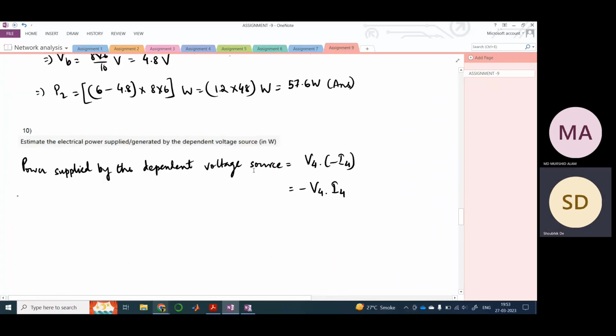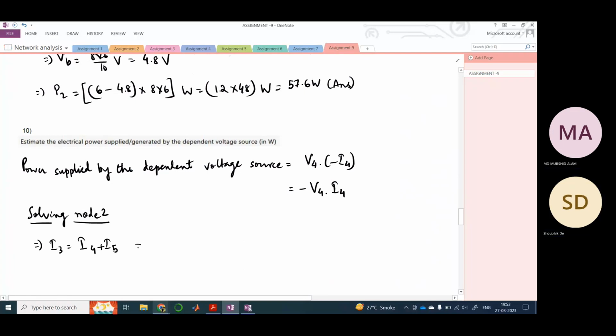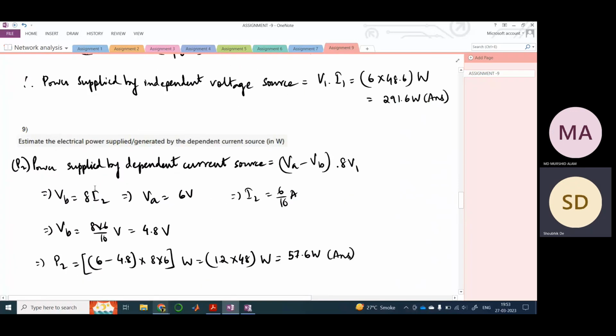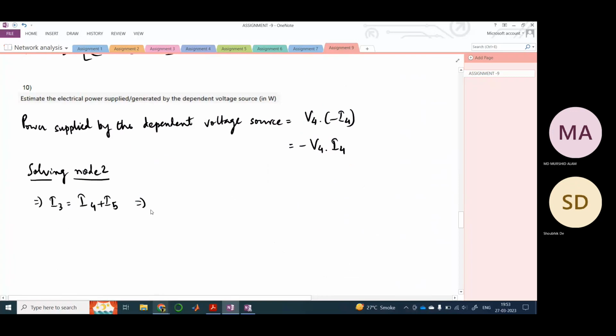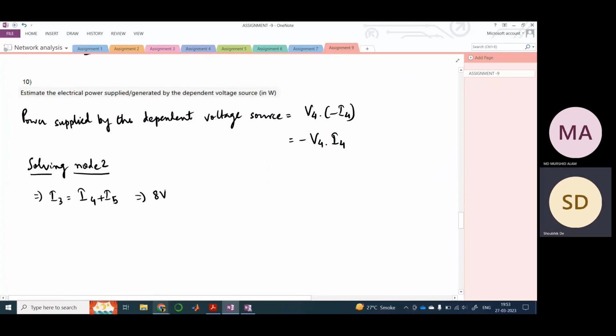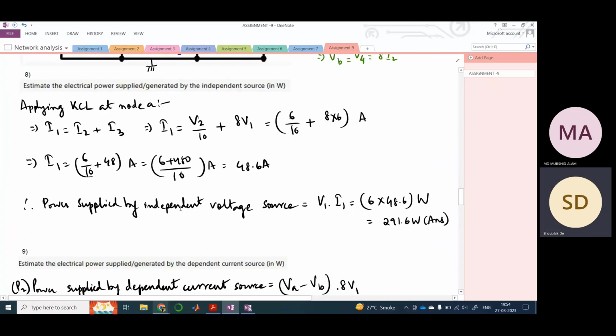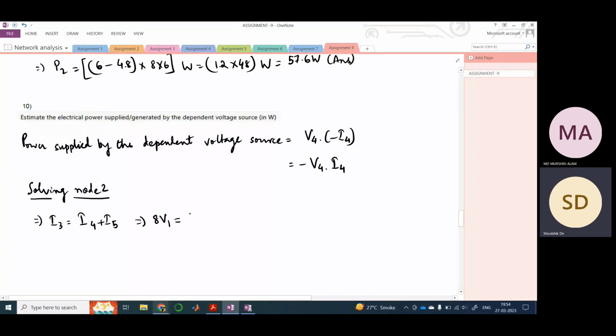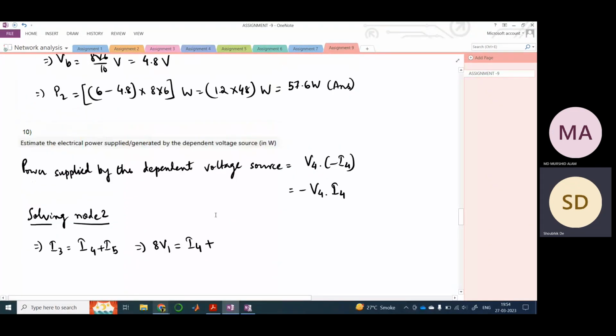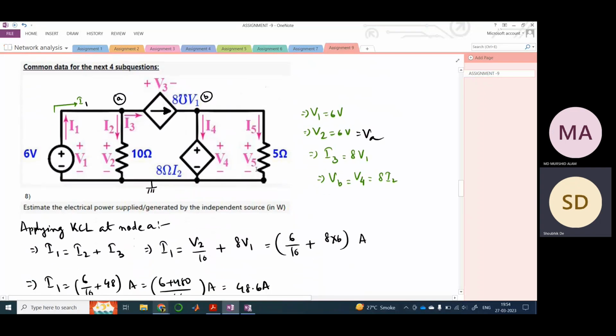So solving node 2 now, I3 would be equal to I4 plus I5, and I3 is 8V1, right? So I3 is 8V1, and let us keep I4 as it is because there is no resistor here. And I5 is VB by this resistance, right?